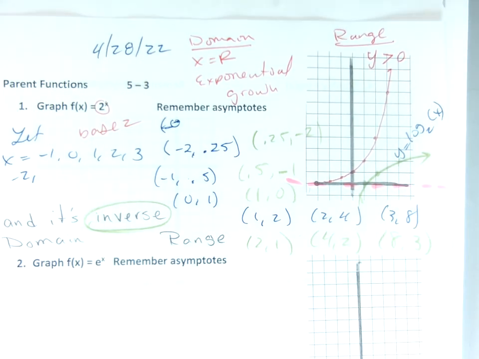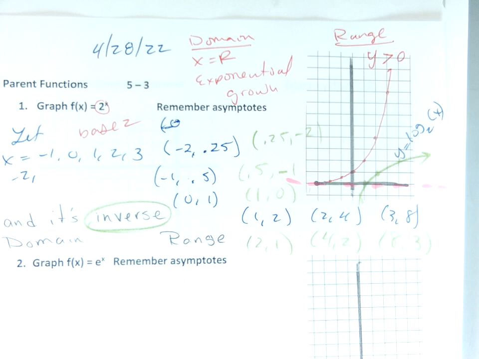Now, the domain of... I'm going to show it. I want you guys to see this. It's super easy. When you do inverses, you switch x and y's, right? Remember that? So that means the domain of one and the range of the other also switch. With me? So if the x's and y's switch, so do the domain and range. So the domain of this one becomes the range of the green graph.